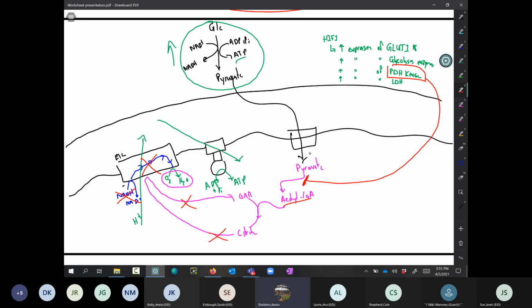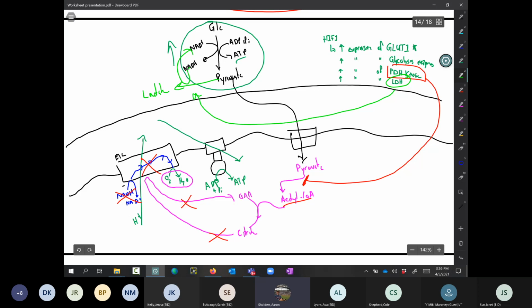So PDH kinase will phosphorylate PDH, which is the first subunit of PDC, and that will inhibit this whole process and really slow everything down here. At the same time, you have this increased expression of LDH, so that pyruvate will be converted to lactate.